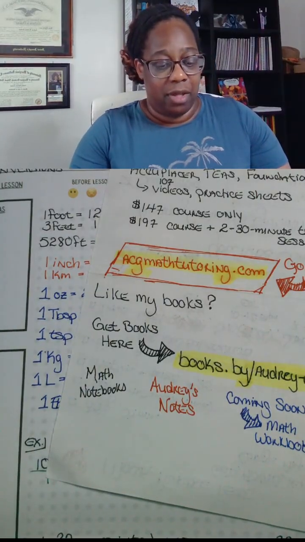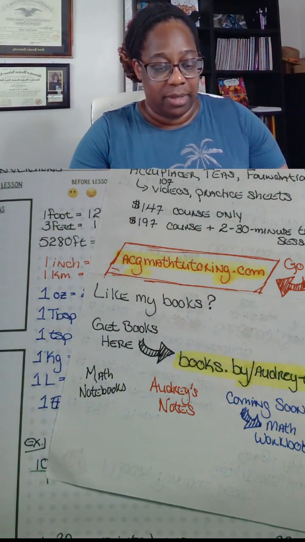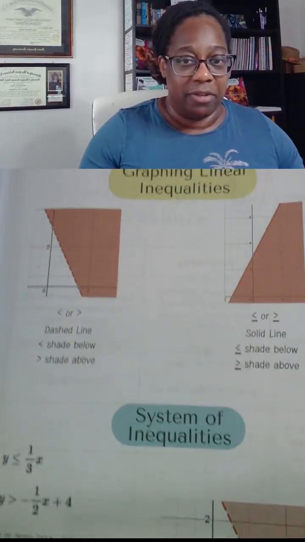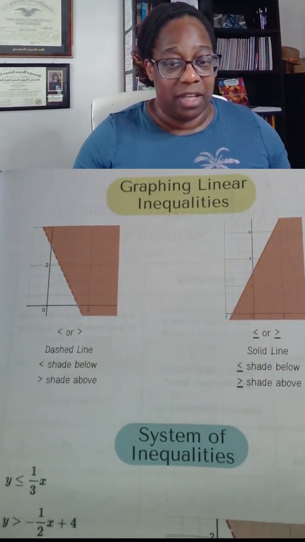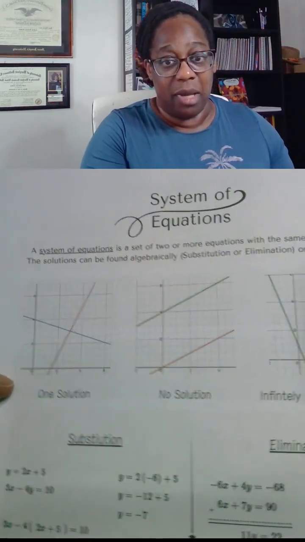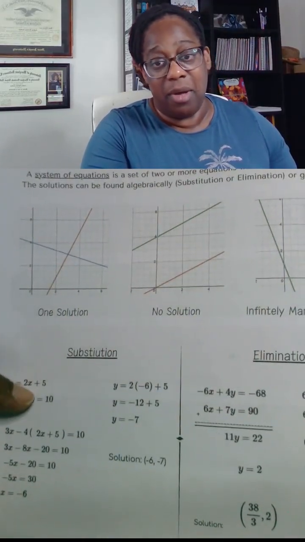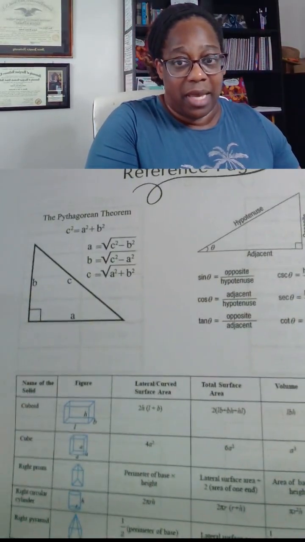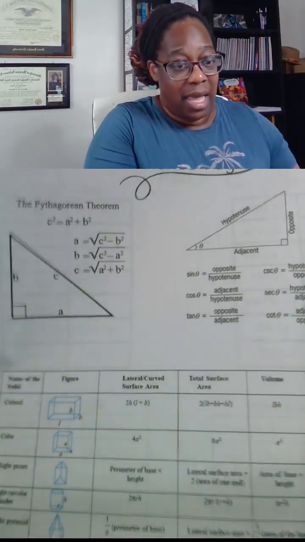So you have all of those, and I didn't even finish. This is another thing that I added on, graphing the linear inequalities and also systems of inequalities. And of course, on the other side is the system of equations, giving an example of substitution and elimination, as well as we have our repeat with the area and perimeter, then the reference page of a little bit of trig, because that's what you're actually going to see.